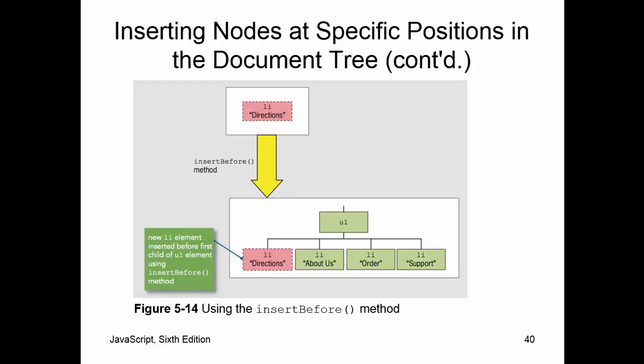So it's showing you on page 321 in the book exactly what's happening. In other words, you want some control. So what we want to do here is we want to use DOM programming where we previously had about us, order, and support. We want to add a new thing that says directions, but remember that by default it would go on the end. We want it to go at the beginning. So we use the insert before, and we tell it to insert it before the about us.